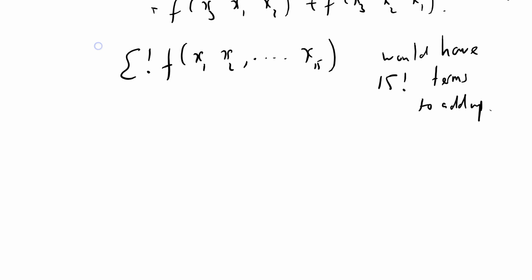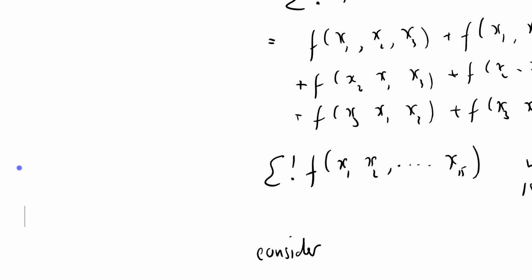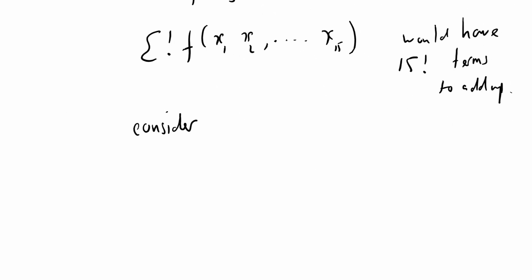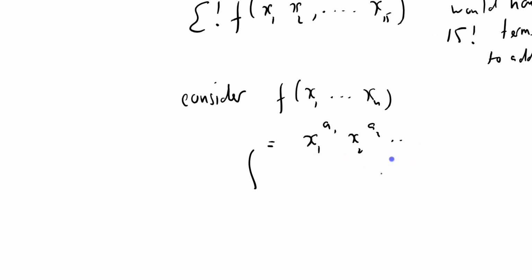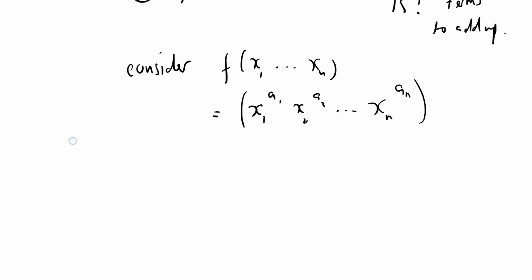Now I'm going to consider f of x1 up to xn equal to x1 to the power a1, x2 to the a2, up to xn to the power an. So that's my function, and I'm going to make a new definition.